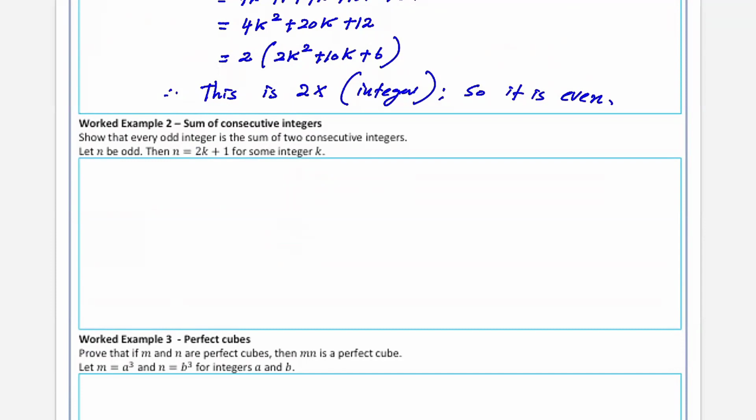Okay, so this is easy, right? So sum of consecutive means you can take k plus (k plus 1). So this is going to be now n, right? And that n is odd, it is given to you. So sum of 2 consecutive, right? So when you simplify, it's going to be 2k plus 1, right?